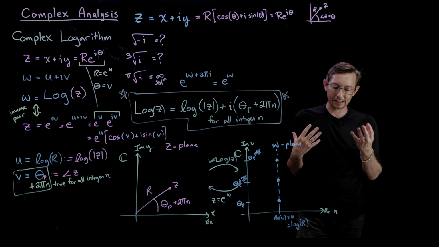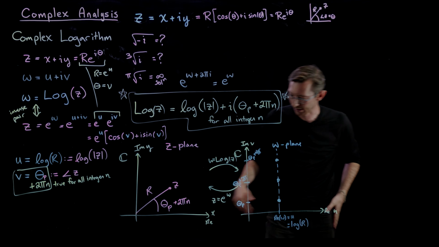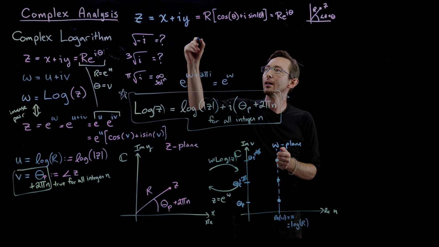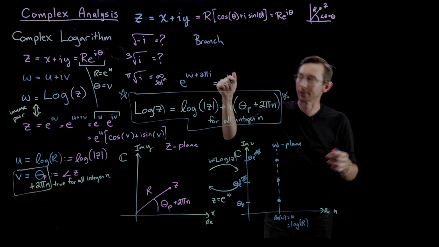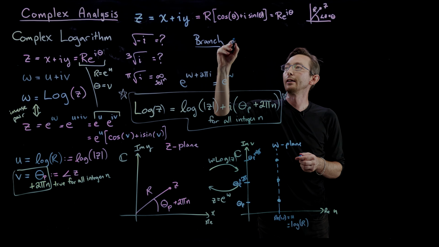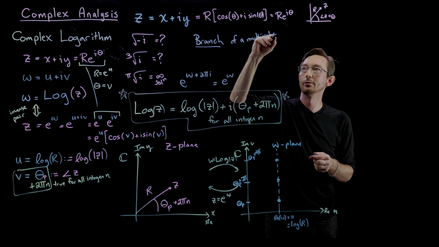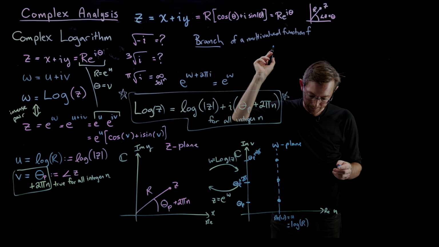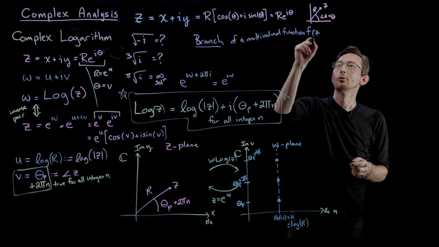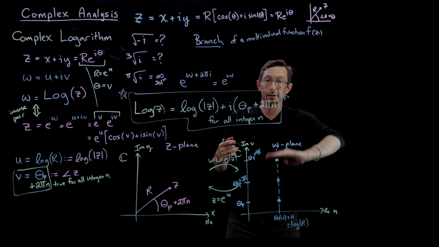And so there is this notion of something called a branch cut in complex analysis. I'm just going to write this down. A branch of a multi-valued function, like the logarithm, f of z. Remember, f of z, my logarithm of z, is multi-valued. It has all of these values.